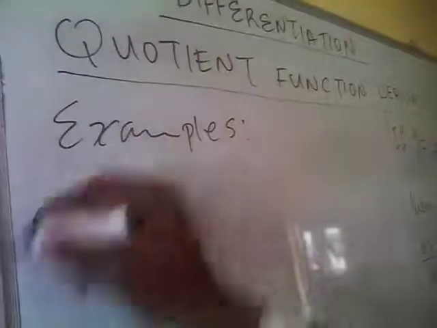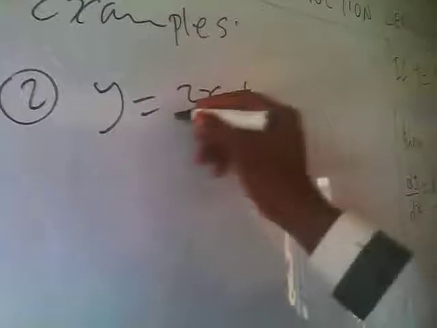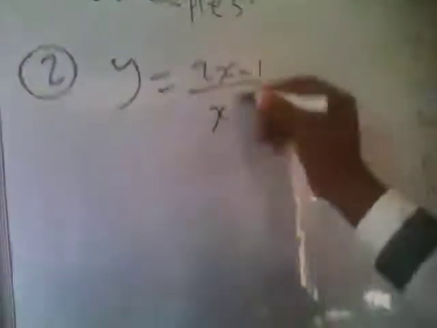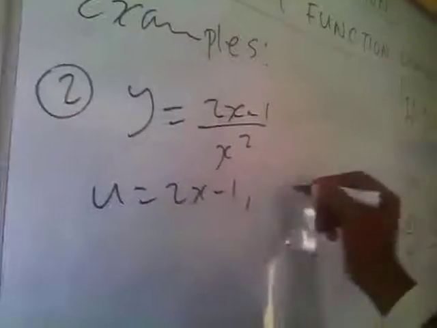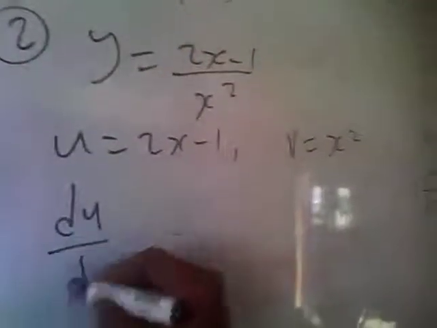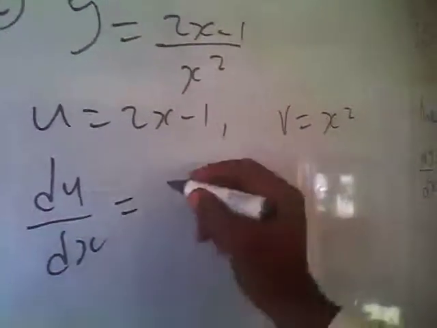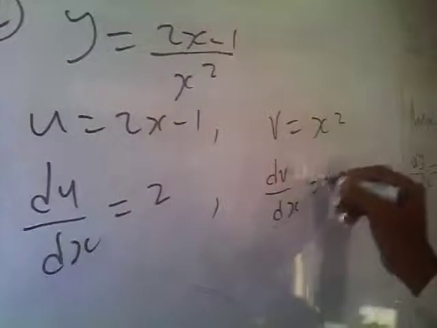Example 2. We have y equal to 2x minus 1 all over x squared. Again, we know that our u is 2x minus 1 and v is equal to x squared. So du dx here will be 2, while dv dx will be 2x.